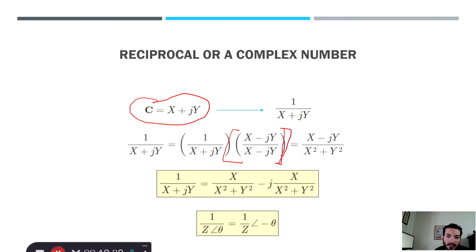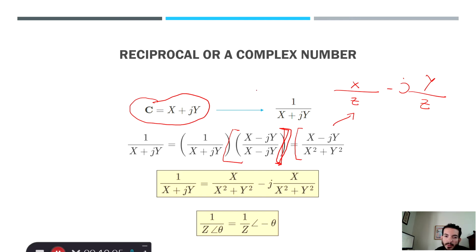Remember when you had a square root in a denominator and you would have to find the reciprocal this way, this is similar. The answer is going to be x minus iy divided by x squared plus y squared. Remember, do not combine imaginary things with real things. So this is the same as x divided by x squared plus y squared, this is a real number, minus the complex part, y divided by z.